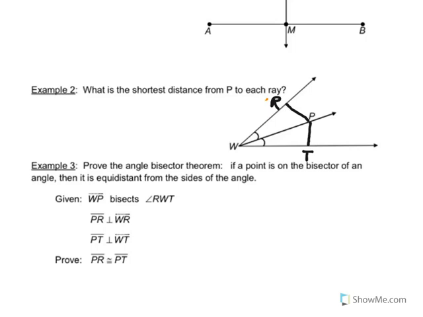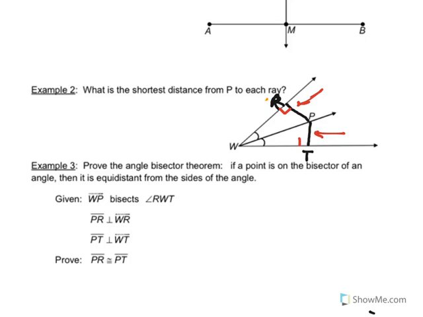And so let's talk about our strategy. Okay, so let's think here. We want to prove that this distance right here is the same as this one, PR to PT. So we know that because we've been given that these are perpendicular, that we're going to be able to have right angles.